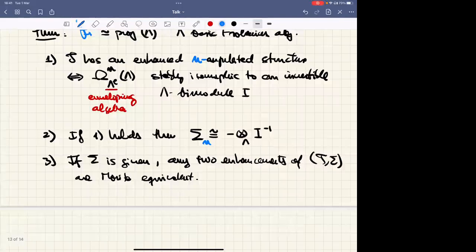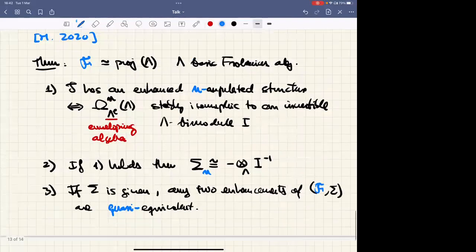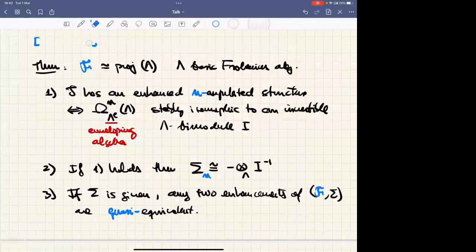And once we fix the suspension functor, then we have an essentially unique enhancement, because any two different ones are quasi-equivalent. This is the theorem with Gustavo. So we have a similar characterization to the previous theorem for finite triangulated categories, but now for n-angulated categories. This should be blue too, to stress the differences.